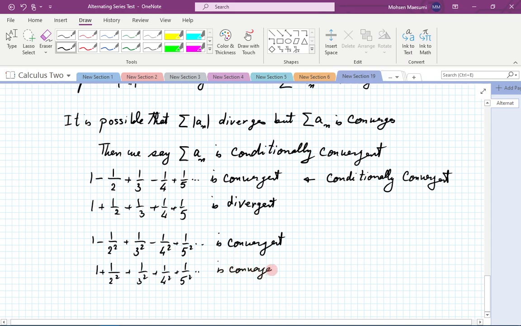Then this phenomenon is termed an absolutely convergent series. So the one that, when you turn everybody into positive, is still converging, the original one is called absolutely convergent.